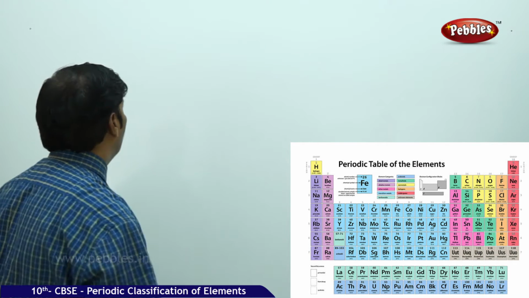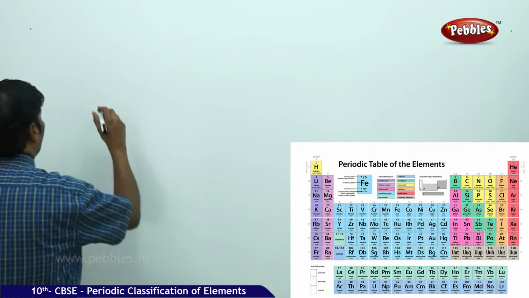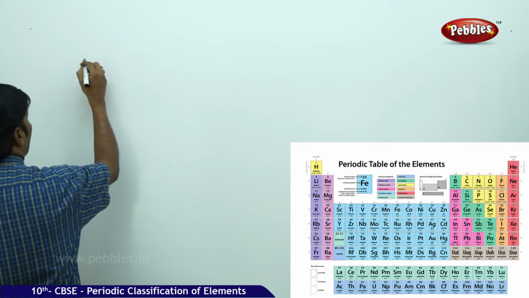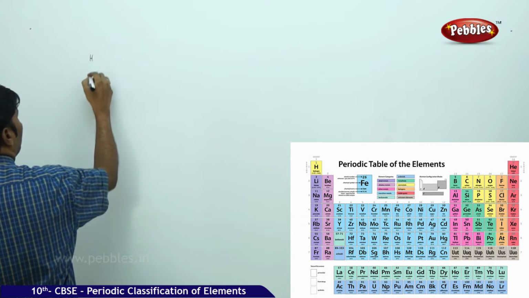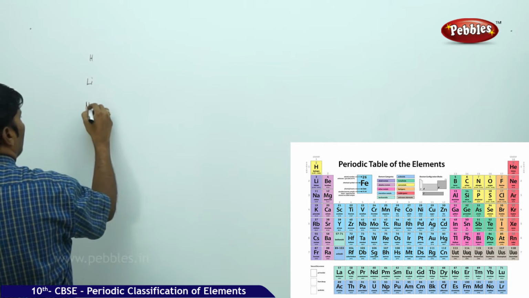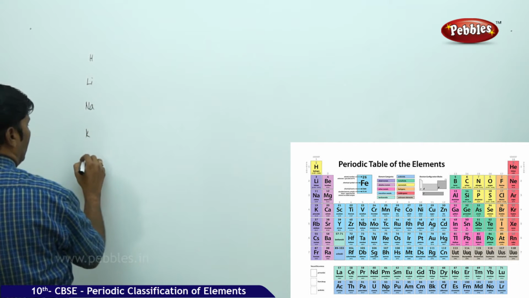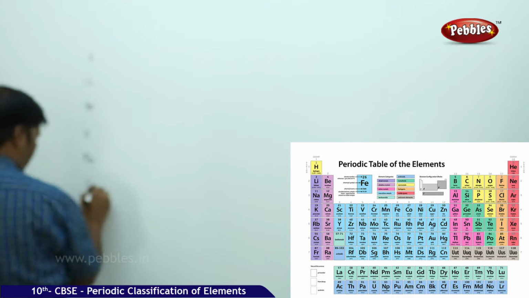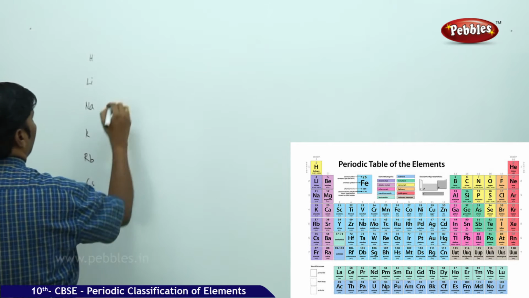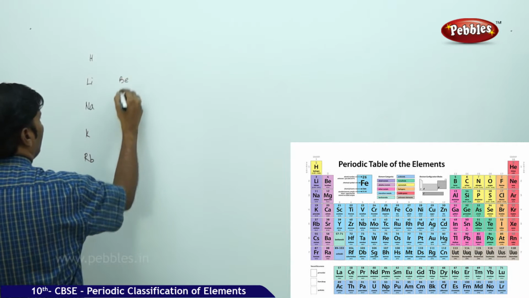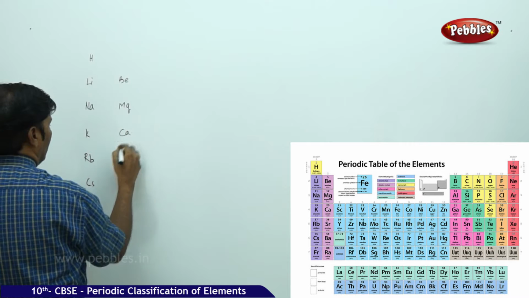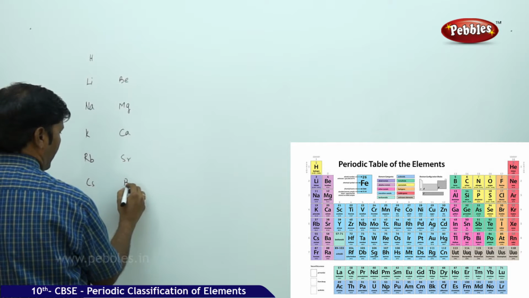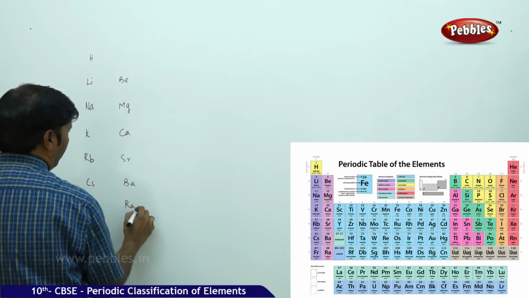If you look into the design of the periodic table, it more or less looks like this: hydrogen, lithium, sodium, potassium, rubidium, cesium and francium. Then beryllium, magnesium, calcium, strontium, barium and radium.